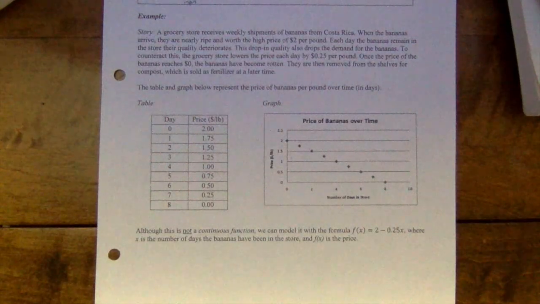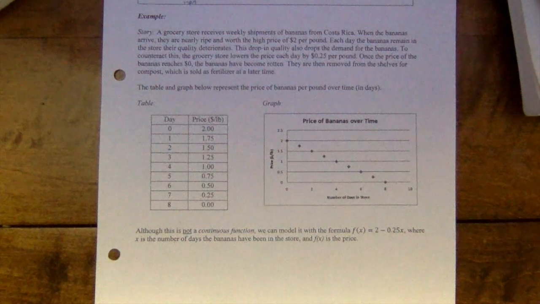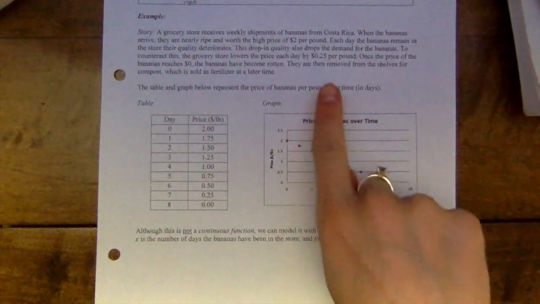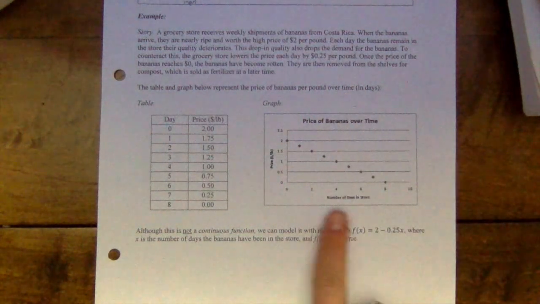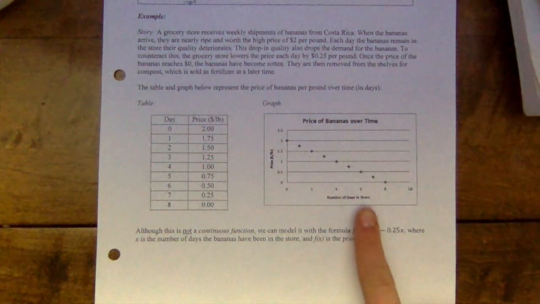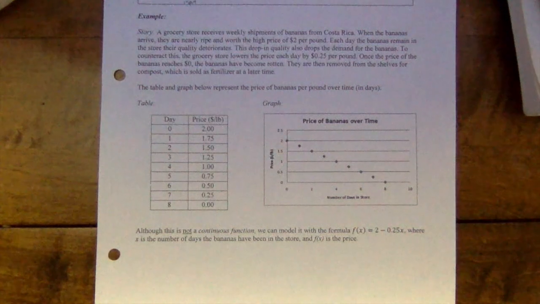And how would you figure out the value of f of 2 using one of these methods? Okay, so now that you've had a second, remember that f of 2 says that my input, my x value is 2. In terms of our problem, that's going to be x is the number of days that this banana is in a store. So we're thinking about 2 days after the banana has been in the store.